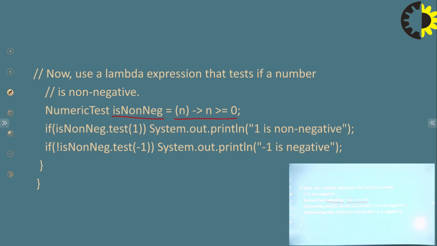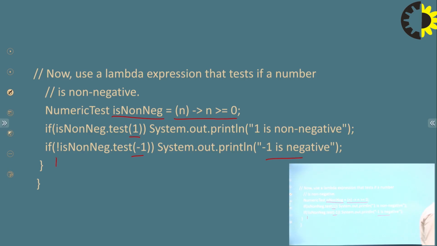If the value 1 is greater than or equal to 0, it will be true and display 1 is not negative. And if the value is -1, it is a negative value, the condition will not be satisfied, it will return false, and after the negation it will be true and will display -1 is negative.